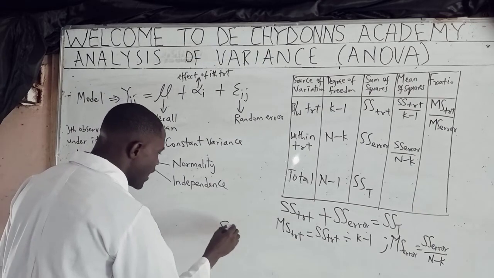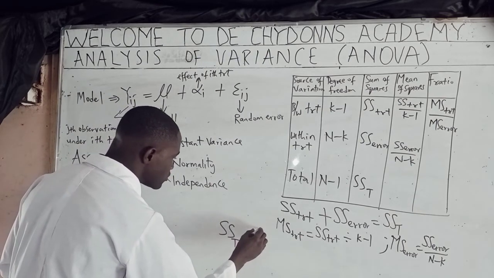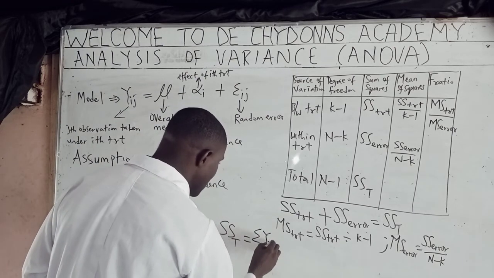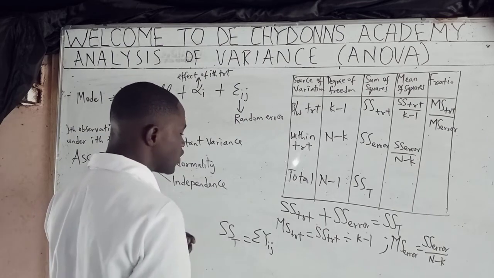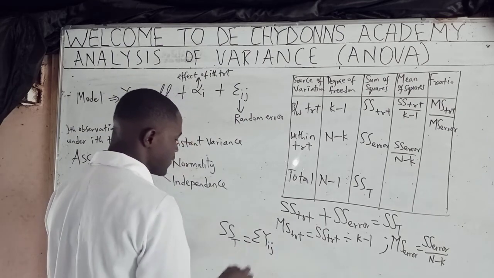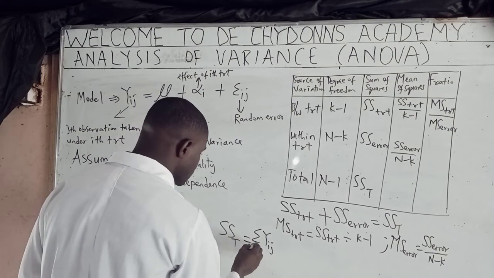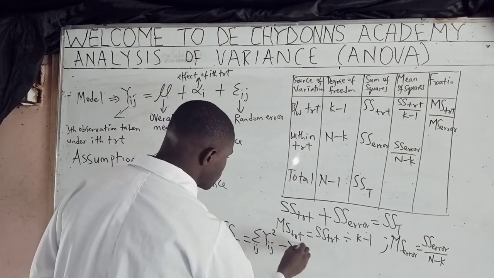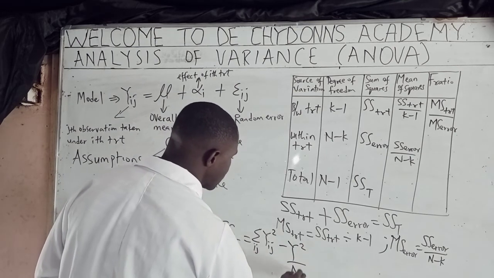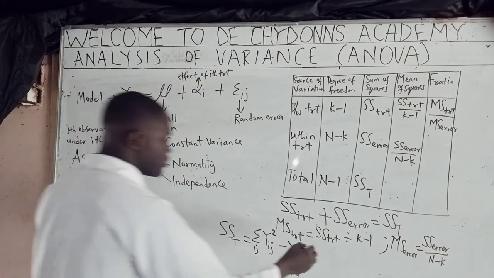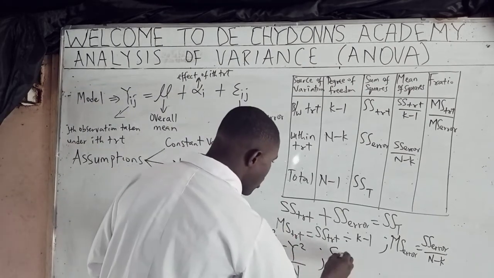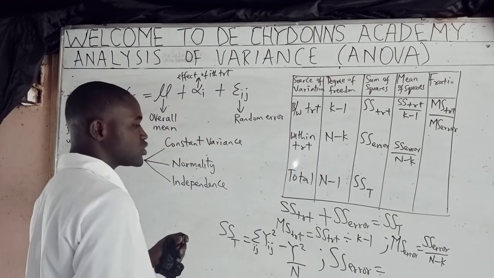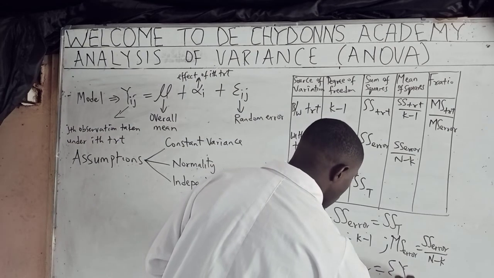We know that SS total is equal to the summation of Yij, that is the summation of the jth observation taken under the ith treatment, all squared, minus Y squared all over n.